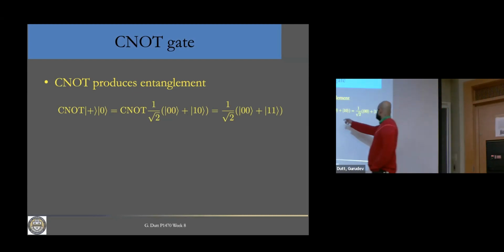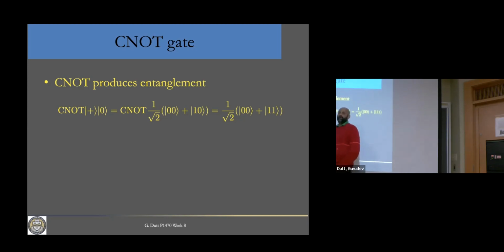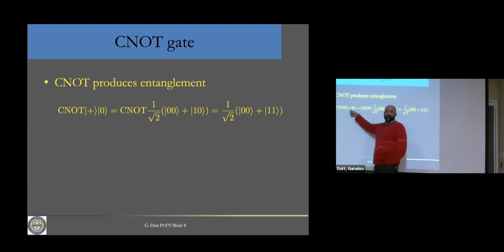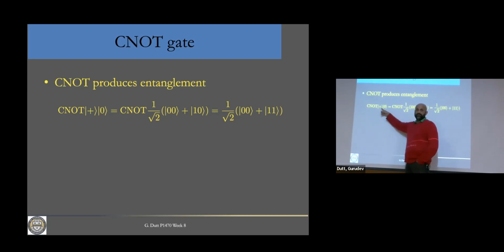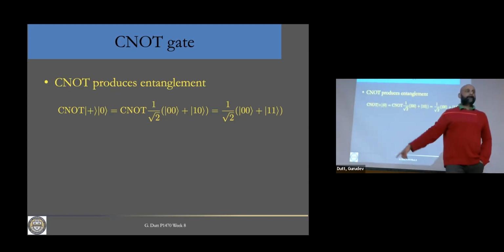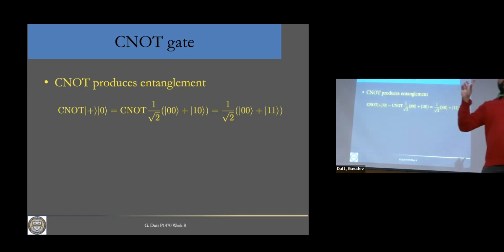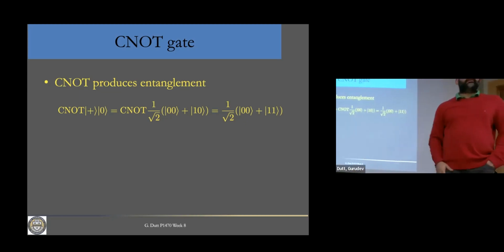So as an example, if CNOT acts not just on 0, 0, but on plus, 0, how might I get a plus on this left qubit? Anybody have an idea how to go from 0 on the left qubit to a plus state? What gate can I use to do that?